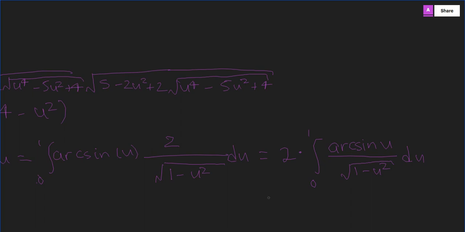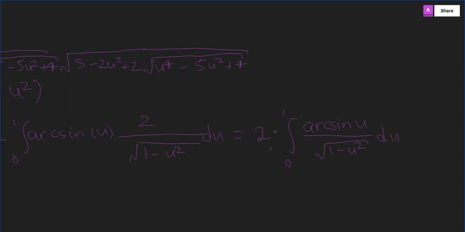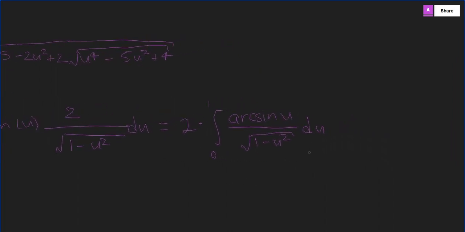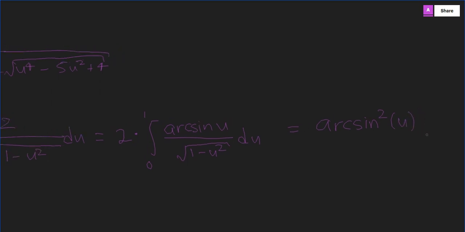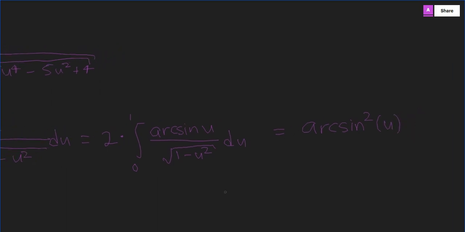So literally all this is, since we have a 2 here, going to be arcsin squared u. And this makes sense because if you think about it, the integral of 1 over root 1 minus u squared is actually arcsin u, and since there's a 2 here, all you have to do is square it. You can actually also multiply 2 with it, but arcsin squared u sounds nicer, and I think it's cleaner. This is the first thing that came to my mind.